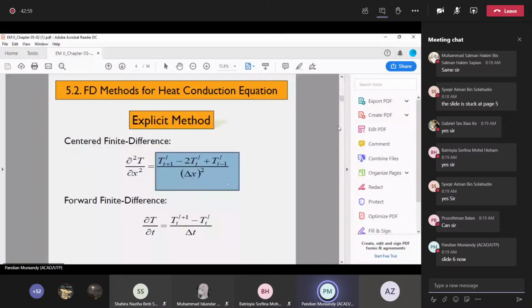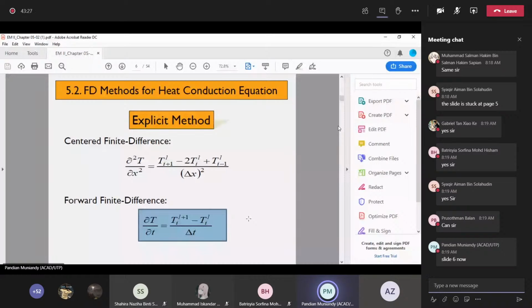In the previous lecture, the heat conduction equation involved del squared T over del x squared and del T over del t. The pronunciation is still the same, because the capital T is temperature and the small t is time.